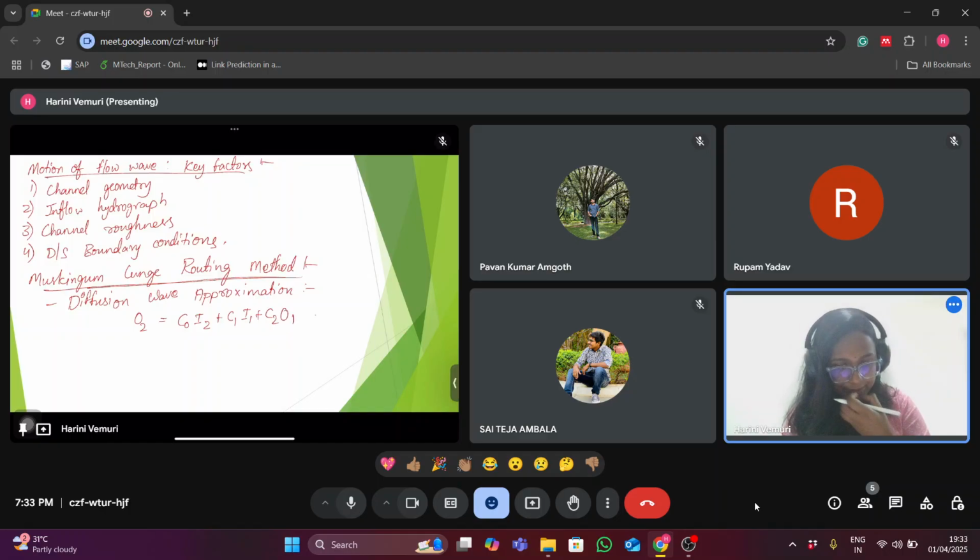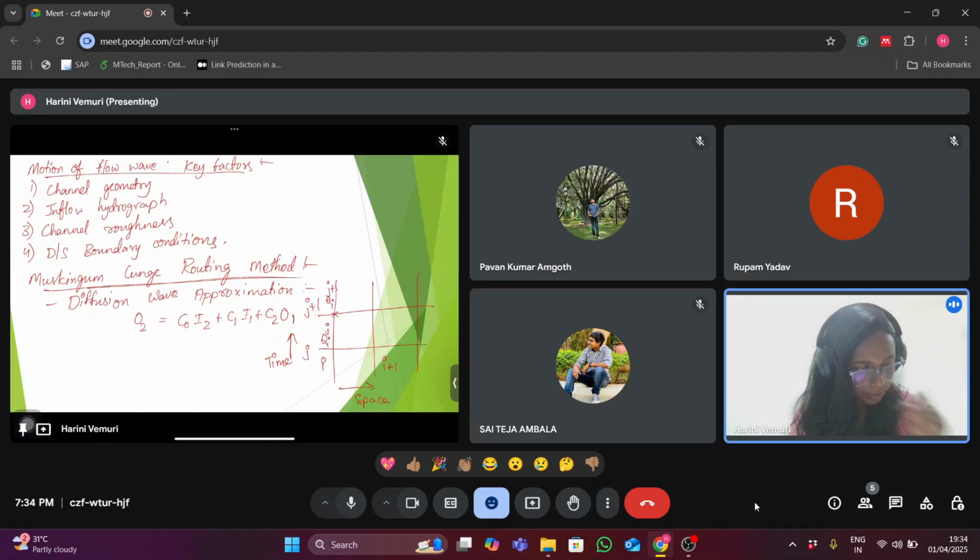But here we have a computational grid, for time step j to j plus 1 and i to i plus 1 as the space scale. This side is the space scale, and this is the time scale. Here we have Q(i,j), the flow at location i and time step j, and the flow at the same location i at time step j plus 1.